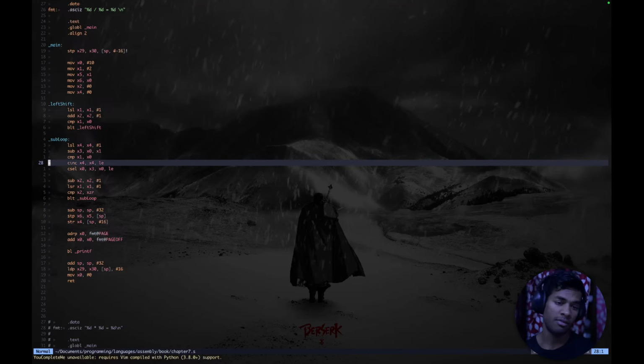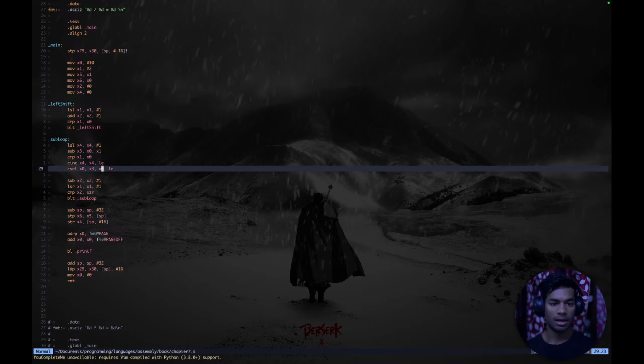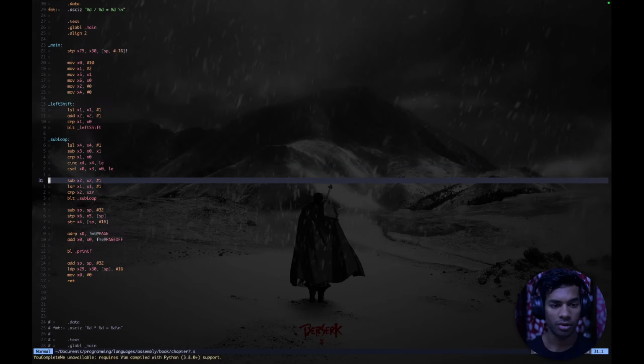If 8 is less than or equal to 10, then I am increasing the fourth register, which now becomes 1. And here I am doing the same with the zeroth register, which becomes 2 after this instruction.